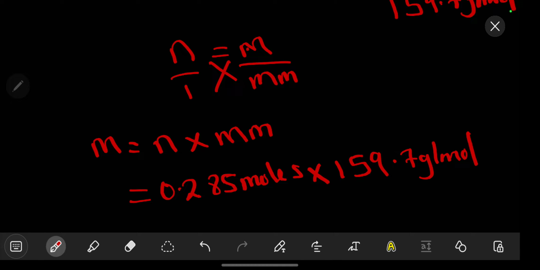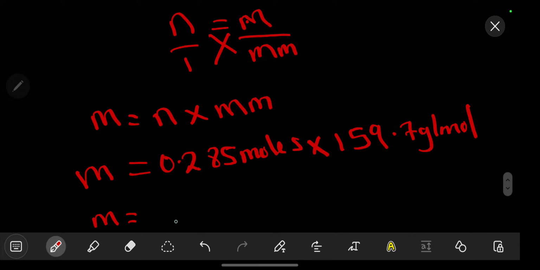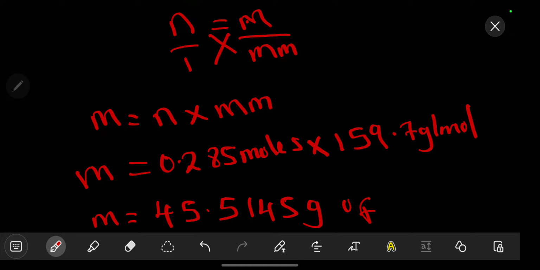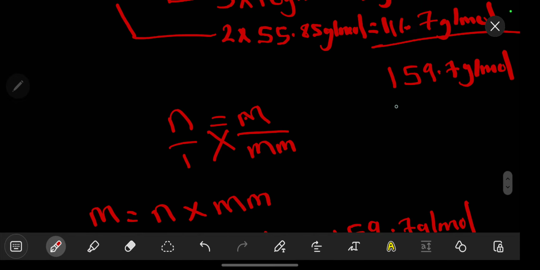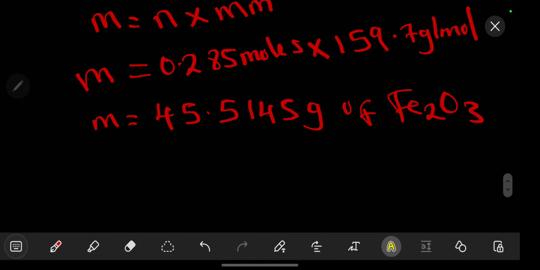This gives us a mass of 45.5145 grams of iron 3 oxide. Remember the molar mass, in case we need to recall it, we are just going to use the direct figure since we have already found the molar mass.